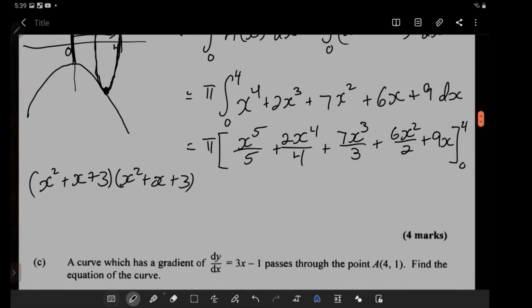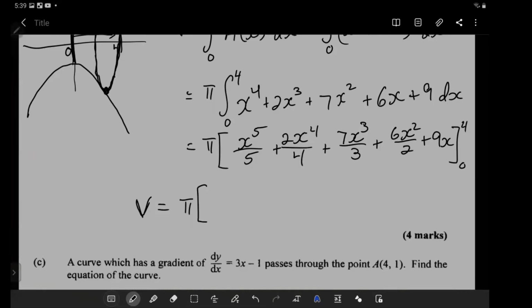All right, so just allow me to clear up some of these things. So our volume, right? Notice if we plug 0 in, it would be 0 because all of them have an x term in it. So all we need to do is plug in the 4. So we have pi times 4 to the 5th over 5 plus, now we can cancel this down a little bit to be 1, 2, right? Or you can notice that this is actually 4 to the 4th power divided by 4.